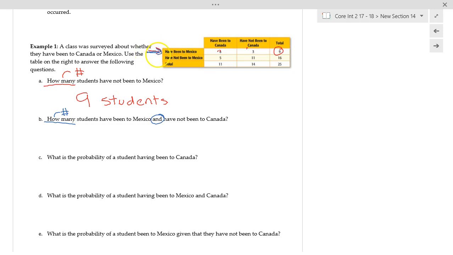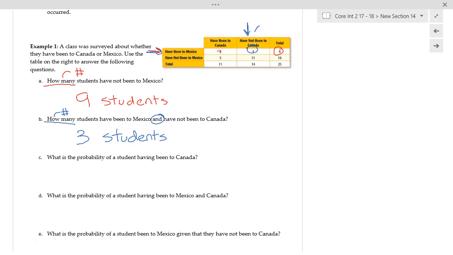They have been to Mexico, have not been to Canada. So I'm looking for these two lines where they meet. There are 3 students that fit under both those arrows. So you're looking at where those students meet. So 3 students have been to Mexico and have not been to Canada.